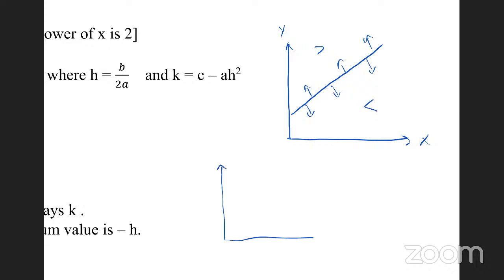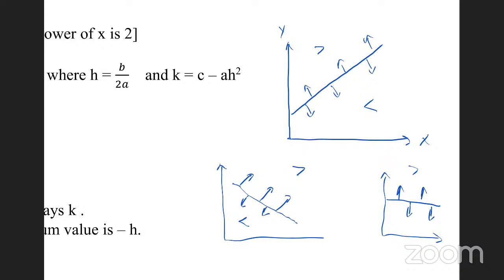If your line looks like this instead, same principle applies. Above the line is more than, below the line is less than. If it was a line looking like this, same thing. Above the line, more than, below the line, less than.